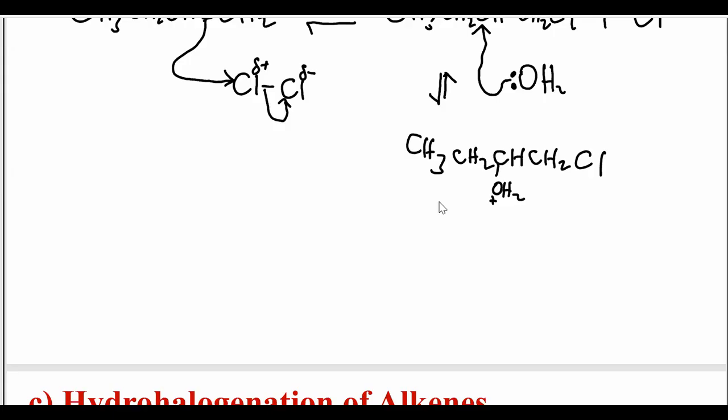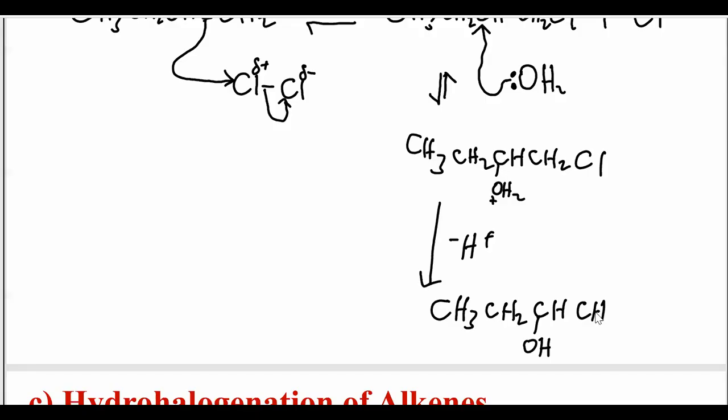To make it stable, we remove a hydrogen ion, so it becomes CH3, CH2, CH, OH, CH2, Cl.